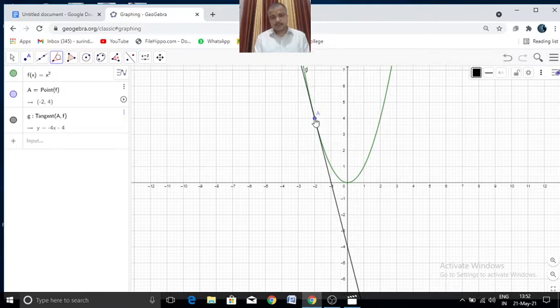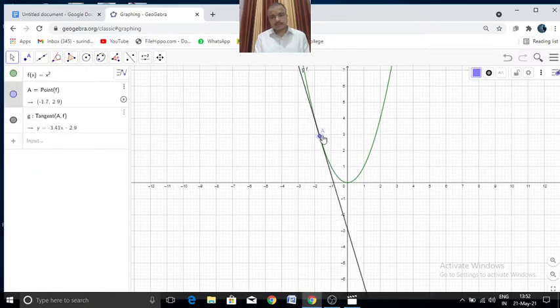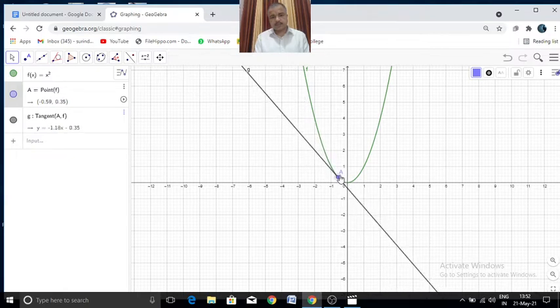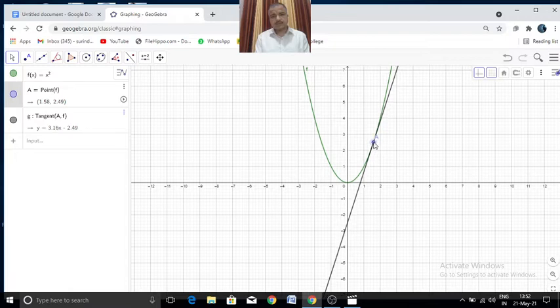So if we move this point A on the boundary of the curve, even then at every point the branch of the curve lies above this tangent. So this curve y equal to x square is concave upward in this domain minus infinity to infinity.